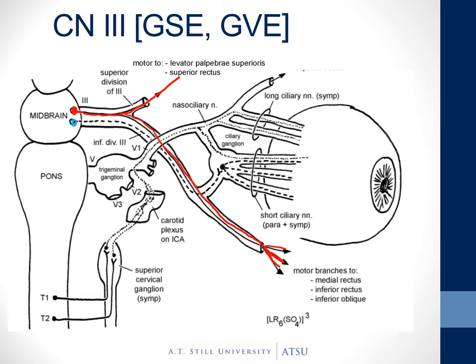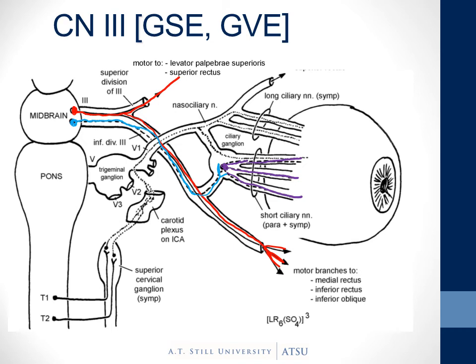You have presynaptic parasympathetic fibers leaving the midbrain, traveling on the inferior division of cranial nerve 3. It finds the ciliary ganglion where it will synapse. Postganglionic fibers leave the ganglion, join up with the nasociliary nerve, and are called short ciliary nerves to go into the eyeball.